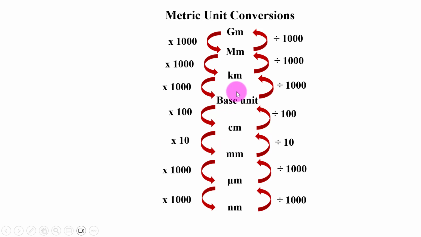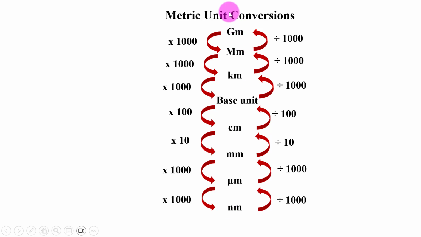Then you go to the base unit, which in this case would be just meters, not with anything in front of it. That's how you know it is the base unit, because it doesn't have a first letter or prefix. Then the C is the centi, the little m is the milli, what looks like a U is the micro, and then the N is the nano.